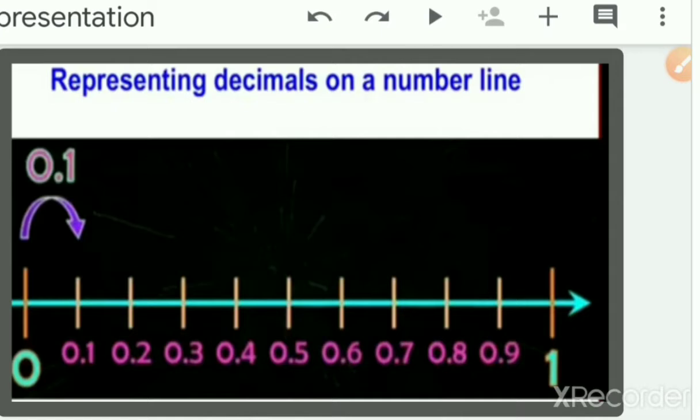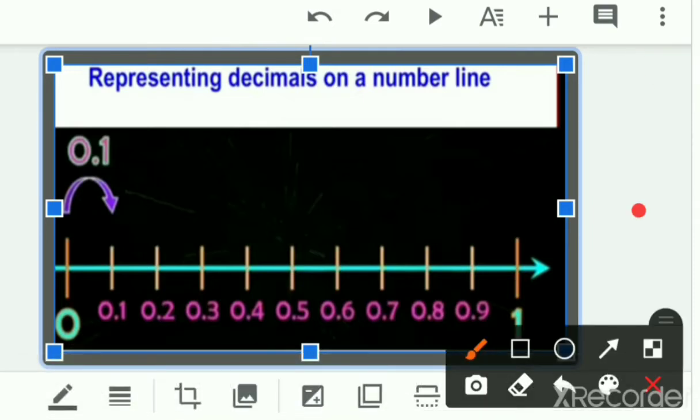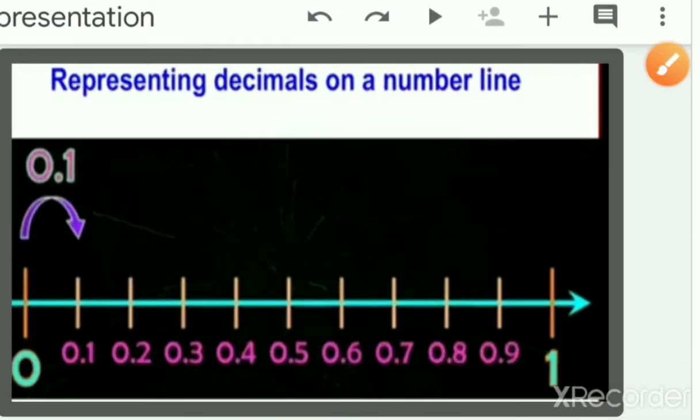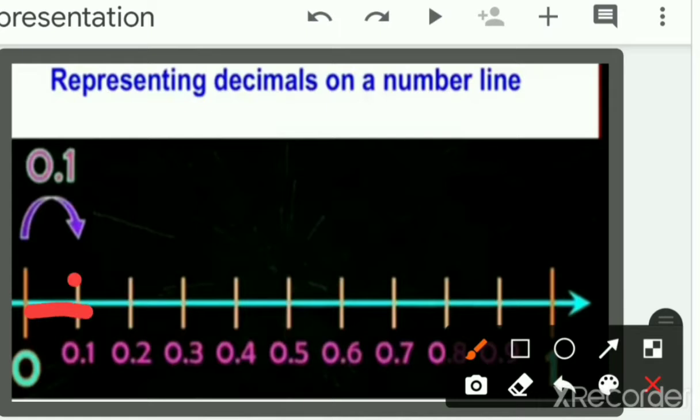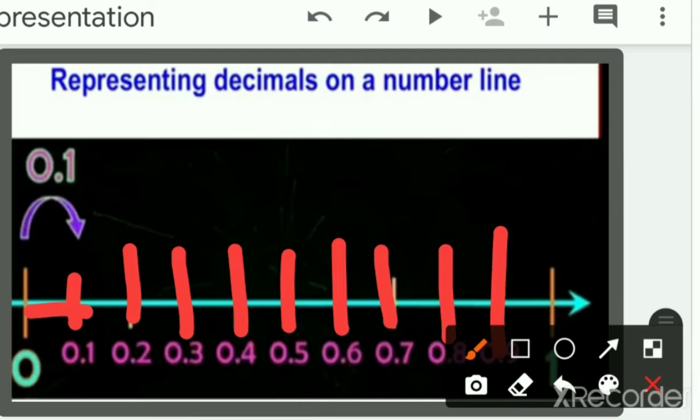So we start from 0. The first one is 0.1, then 0.2, 0.3, 0.4, 0.5, 0.6, 0.7, 0.8, 0.9.